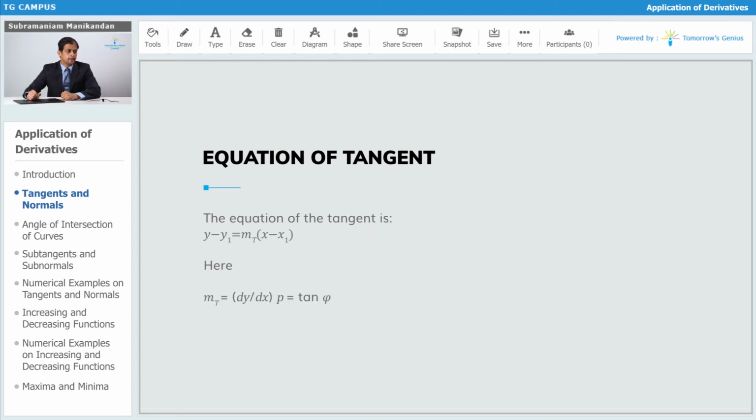Here, mt is nothing but the derivative of the function with respect to x at the point, which is same as tan of phi. So therefore, equation of the tangent can also be written as y minus y1 equals dy by dx at the point P multiplied by (x minus x1).